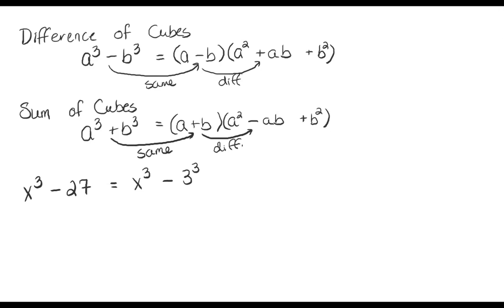So in my formula, every place I see an A, I'm going to replace it with x. Every place I see a B, I'm going to replace it with 3.